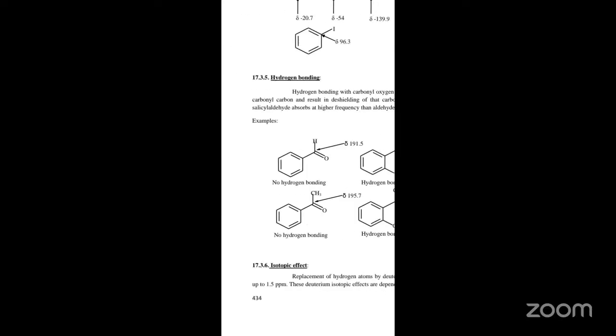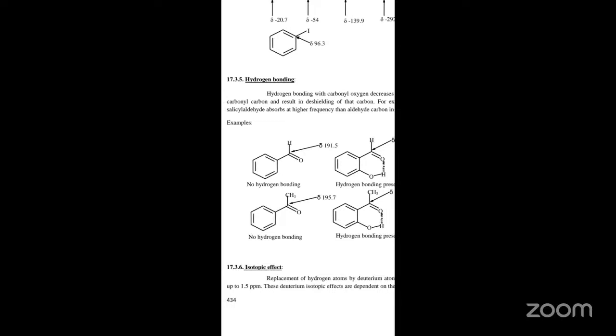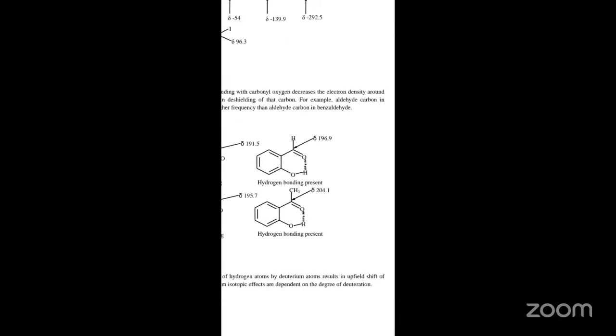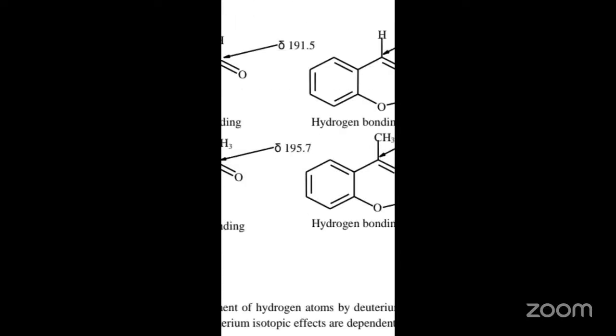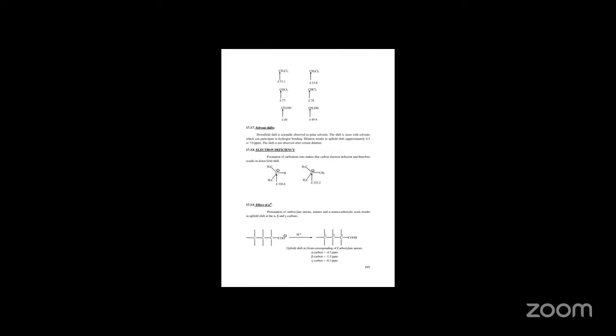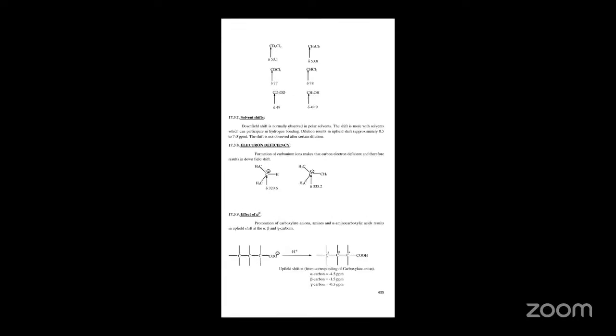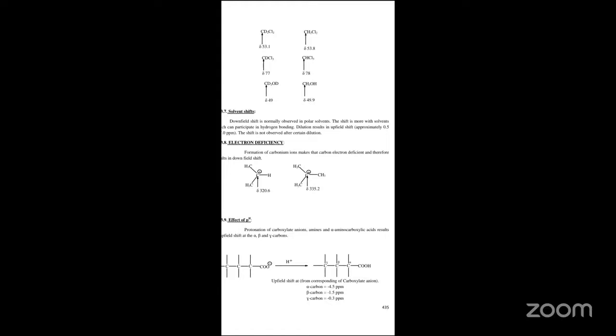And the isotopic effect. Generally, the replacement of a hydrogen atom by a deuterium atom results in an upfield shift of up to 1.5 ppm. The exchange for the higher isotope causes a decrease in the delta values.